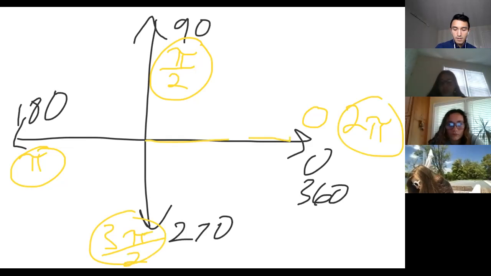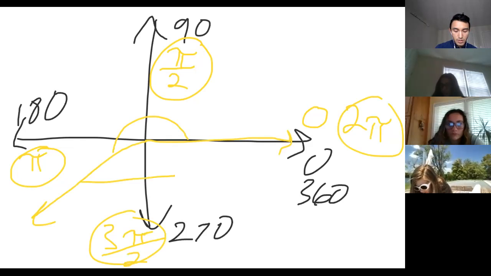Now if I told you to do 200 again, we would rotate all the way around to 200. You can also write it in terms of pi.